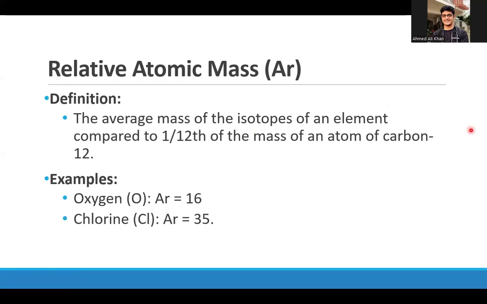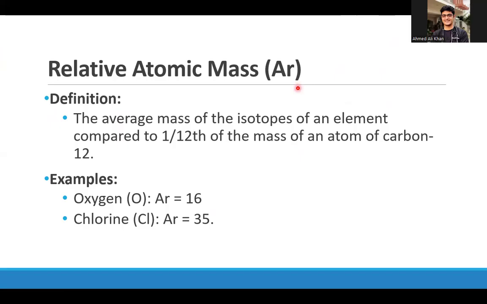In the periodic table you can see the chemical symbols arranged in order of increasing atomic number, and you have two numbers associated with each chemical symbol. You have the atomic number, which is also called the proton number, and then you have the atomic mass or the AR. The bigger of the two numbers is the atomic mass, which is equal to the number of protons plus the neutrons.